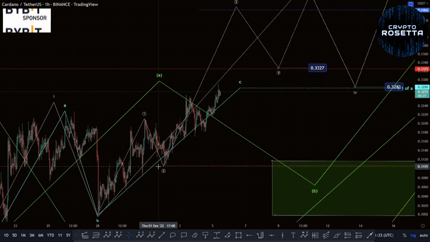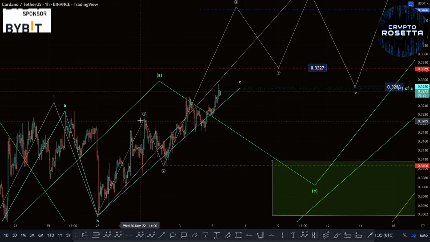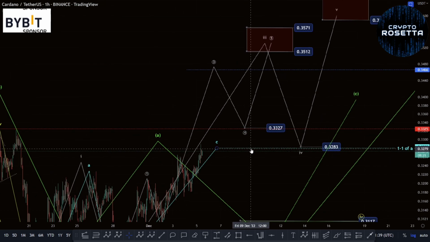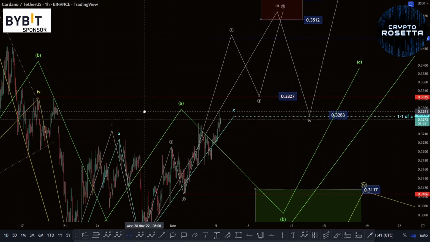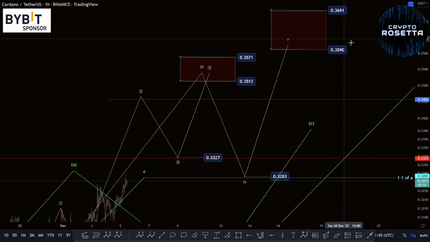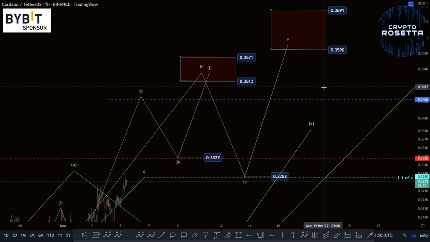Doing that would then be the impulsive target of this wave 1 and 2, and we could then potentially look to have the additional fourth and fifth wave indicated here up to these highs of 36.91 to 0.3590.